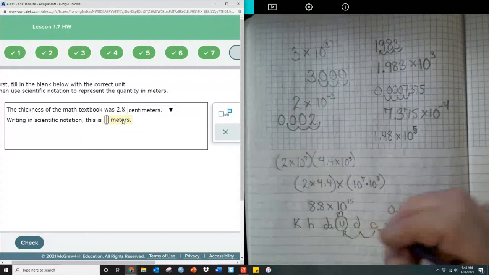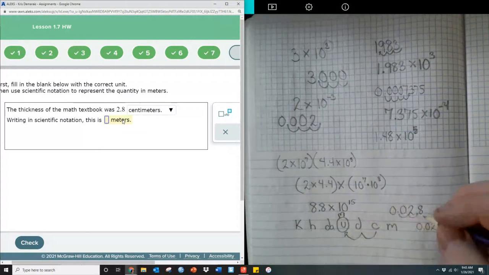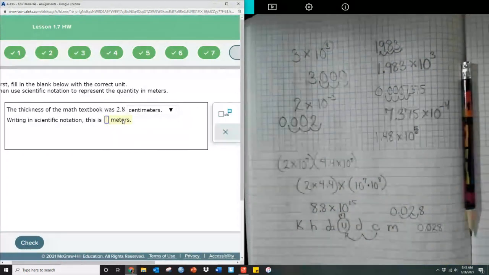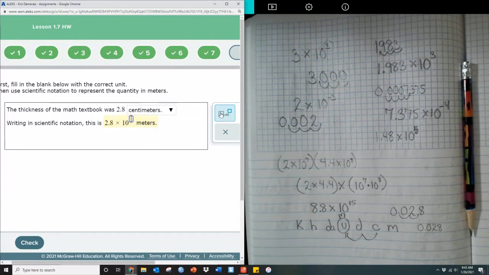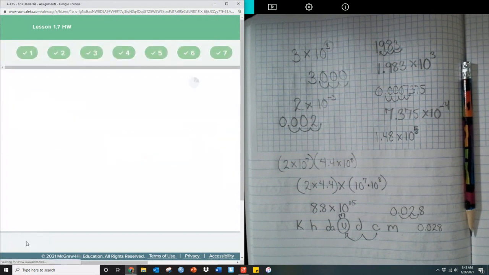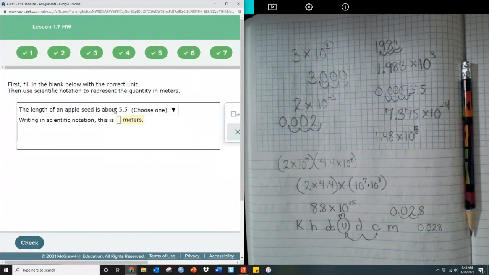But anyway, since we're moving it from centimeters to meters, we move it 2 times. This is the number in meters, and it wants it in scientific notation. So it's going to be 2.8 times 10 to the -2. Because that's the only way you can go from centimeters to meters. So the length of an apple seed, apple seeds are very, very small.